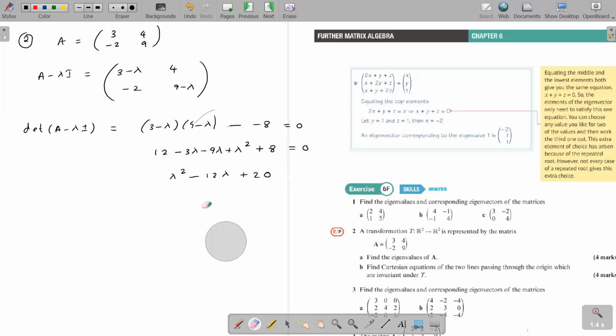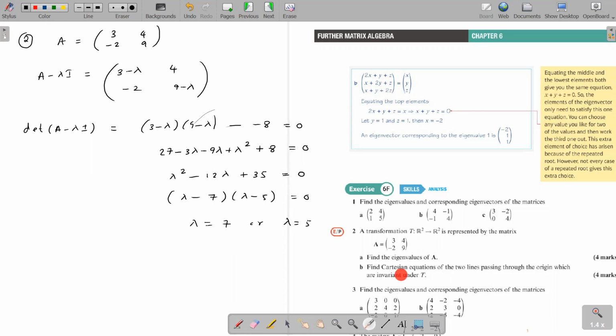Sorry, 3 times 9 is 27, and 27 plus 8 is 35. What are the two factors? Which means we get lambda equals 7 or lambda equals 5 as the eigenvalues.